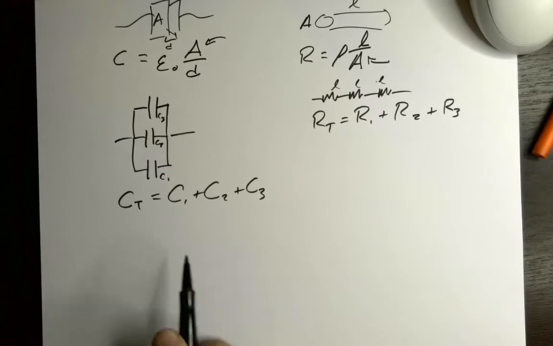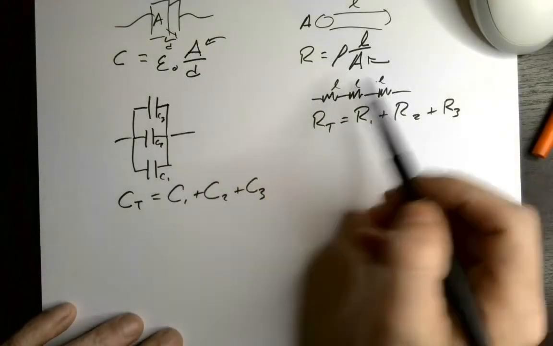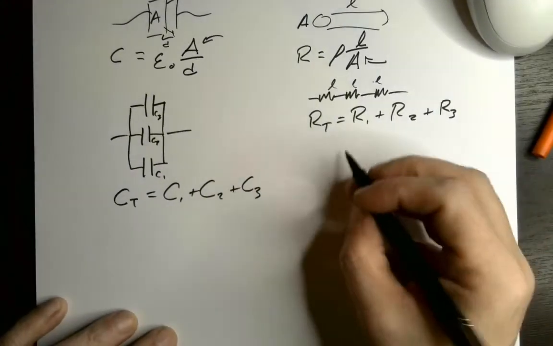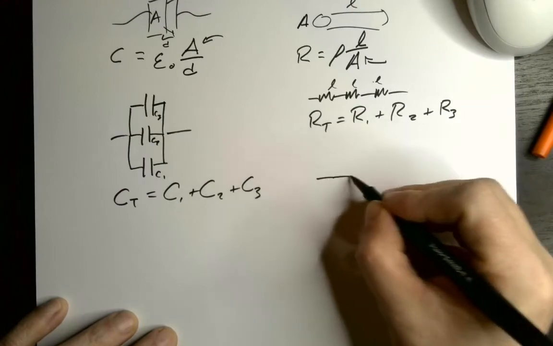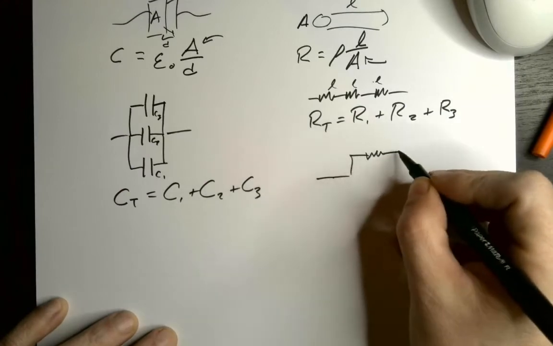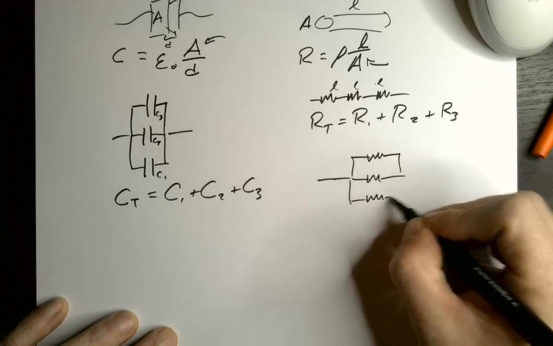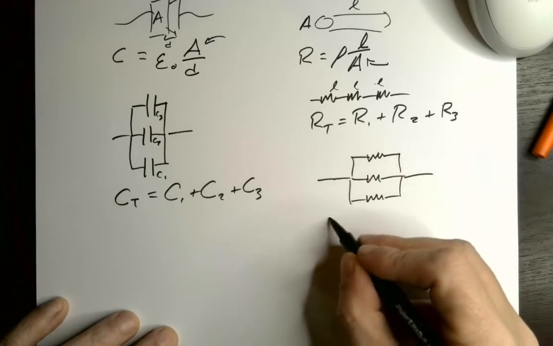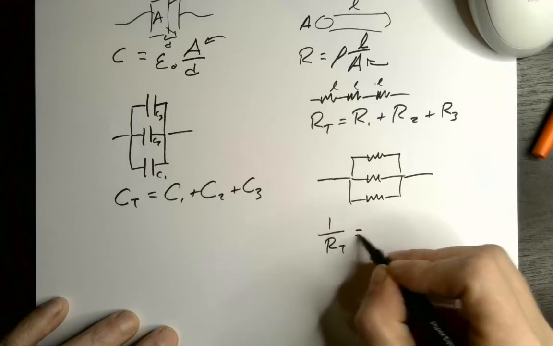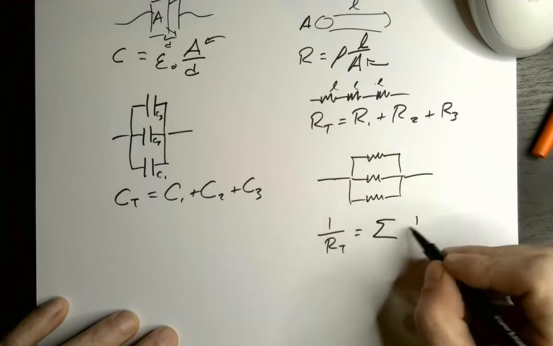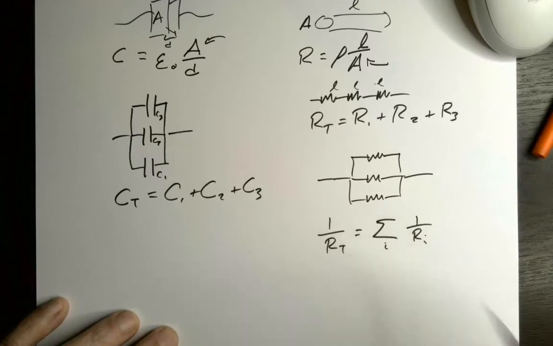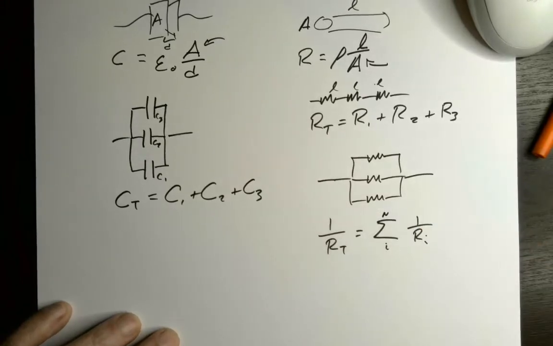You might guess that because of the inverse proportionality, the opposite is true, that if resistors are in parallel with one another, you determine the total resistance with the equation 1 over R total equals the sum of the inverses of the individual resistances R sub i.